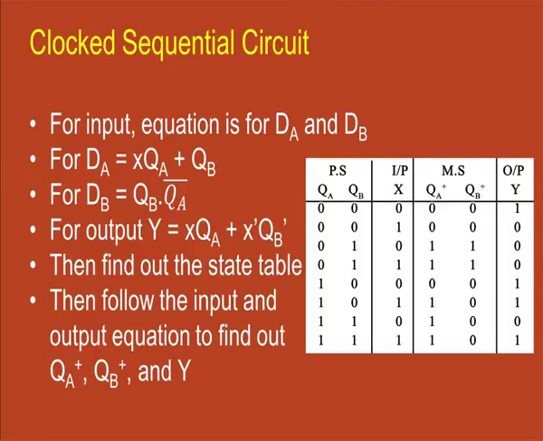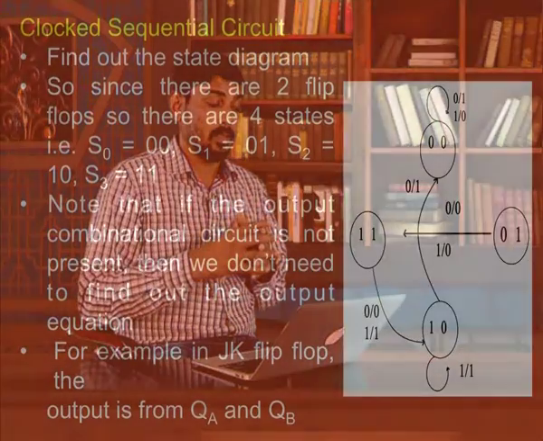Here in this slide we have shown the corresponding state table that is obtained by following the expressions. Then follow the input and output equations to find out QA dagger, QB dagger and Y. Once we know that, we have to find out the state diagram from the state table.